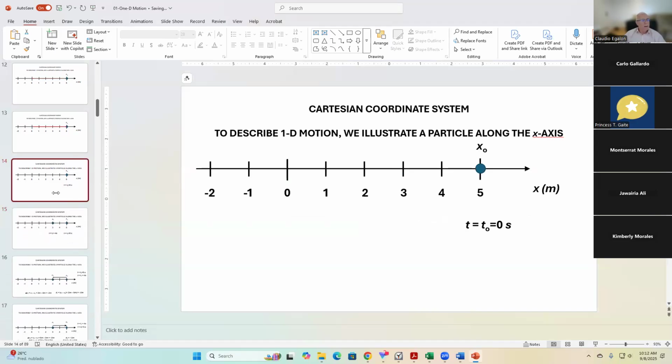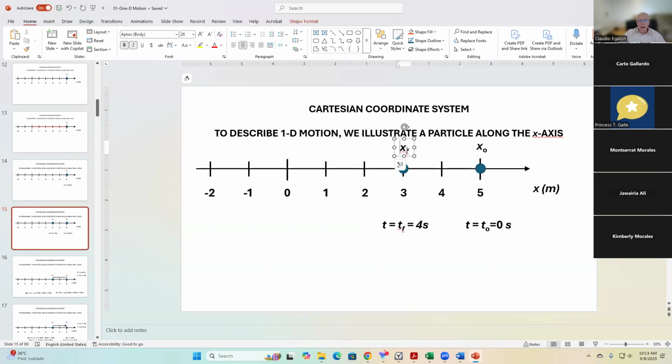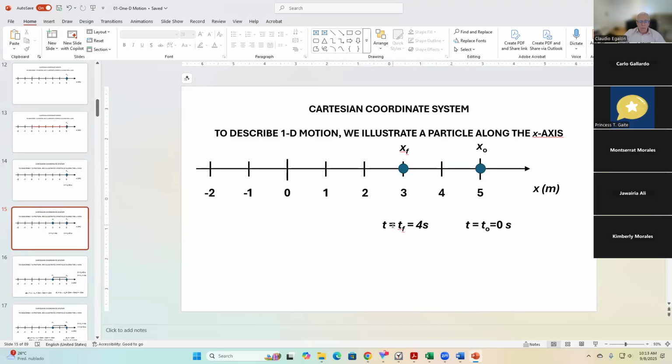Okay, so that's the initial position of the object at time equal 0 seconds. That's, let's say, the final position of the object at time t equal to 4 seconds. I'm using the idea of a primary definition, which is the position, and the idea of one of the basic quantities, right?